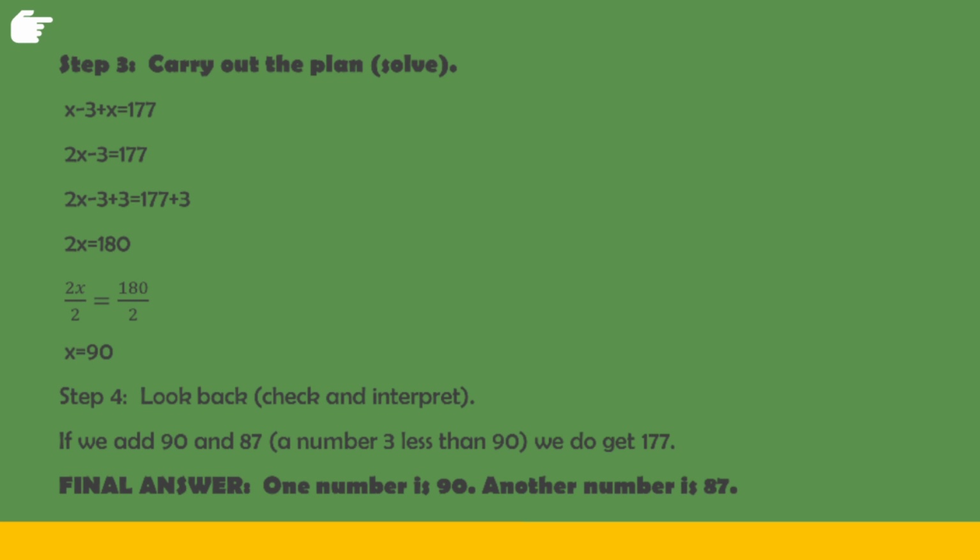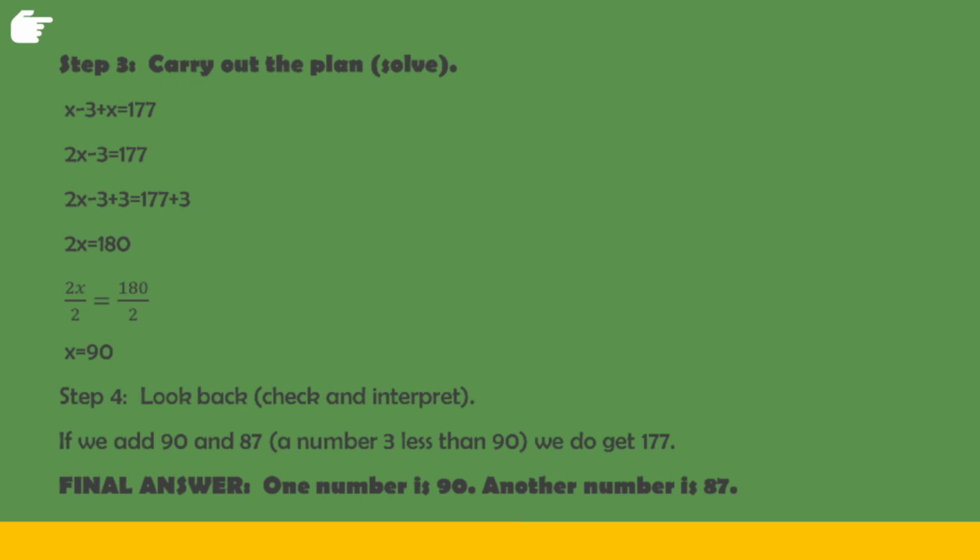And to get the value of x, just divide both sides of the equation by the constant 2. And x will be 180 divided by 2, which is equal to 90. So our x will be 90.